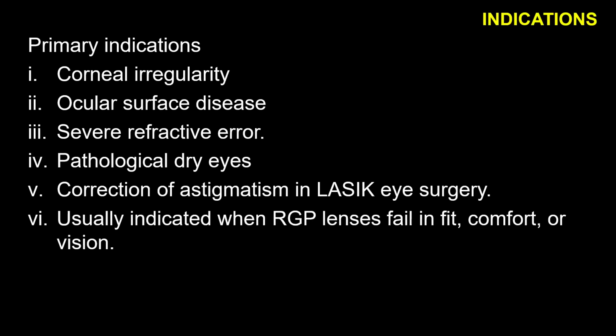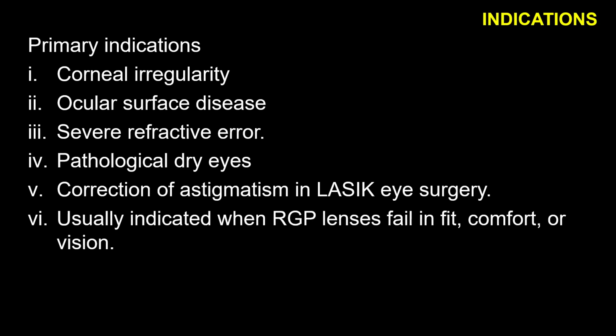But in terms of indications, typically, when a patient is using the RGP and keeps having difficulty coping with that, in terms of comfort and in terms of the lens dripping off, or falling off, or the lens not being stable, it is important to also recommend the scleral contact lens.